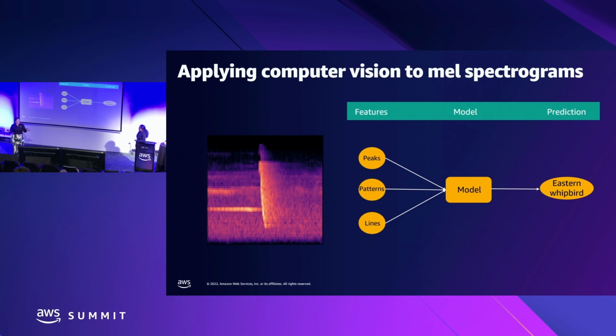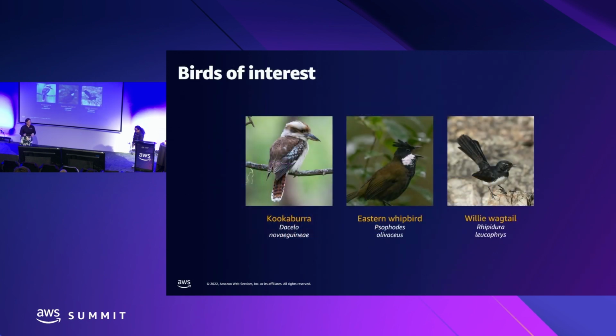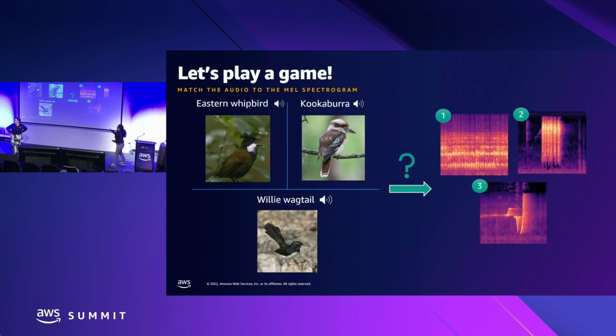As said, we're looking at some other birds: the kookaburra, the eastern whipbird, and the willy wagtail. These 3 birds have quite distinctive calls, don't they, Anushri? Absolutely, yeah. I think this is a great time to introduce them to our audience. Let's do that, and we're going to get some interaction going, so let's play a game. On the left-hand side of the screen, there are some birds along with some bird calls.